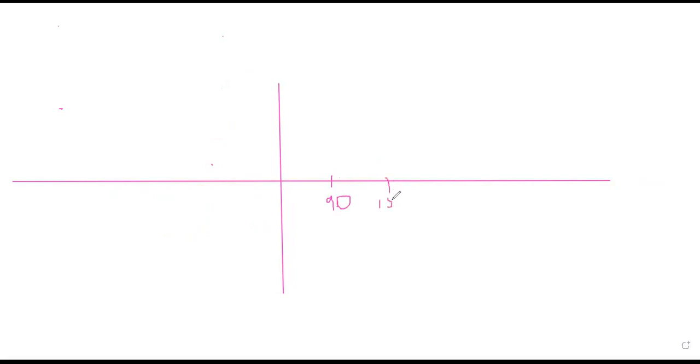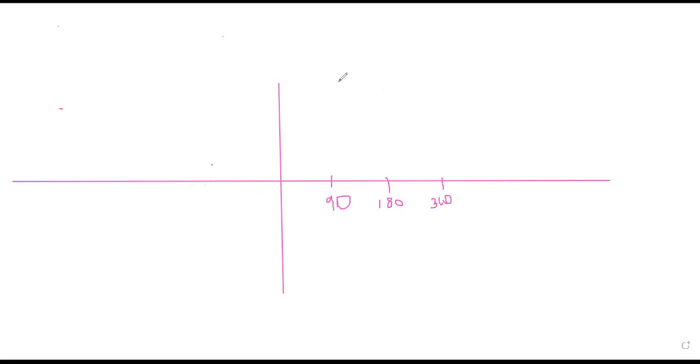Tan graph. So this is the y-axis, this is the x-axis. As before, mark 90, 180, 360. I'm not going to write all the minus 90, minus 180, it's going to take a long time.